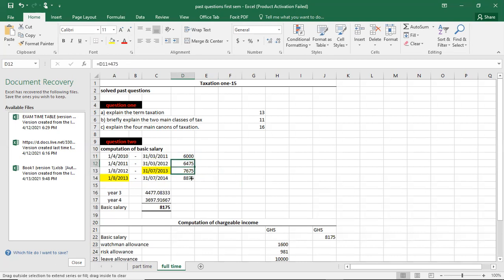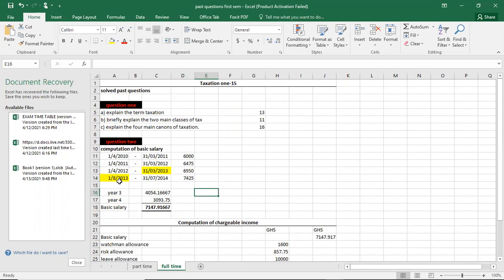Then in year 3, which is going to start from 1st April 2012 to 31st March 2013, you will take a salary of 6,950. That is the 6,475 plus another 475 will be 6,950.